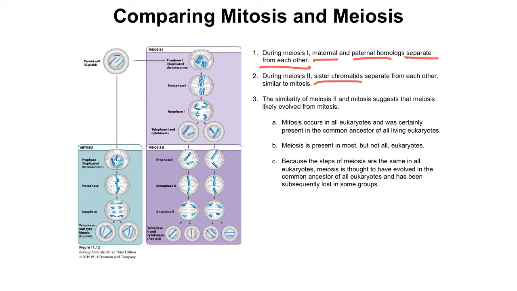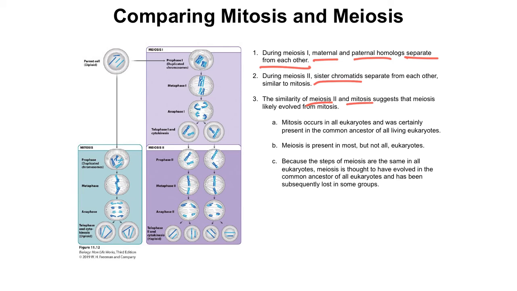So the similarity of meiosis II and mitosis suggests that meiosis likely evolved from mitosis. The idea is that the mitosis method of division occurs in all eukaryotes, which is evident, that is a fact, and was certainly present, therefore, in the common ancestor of all living eukaryotes.